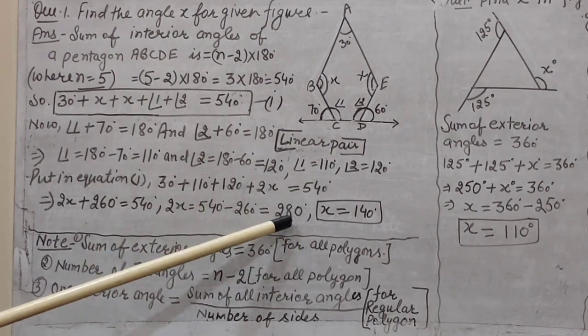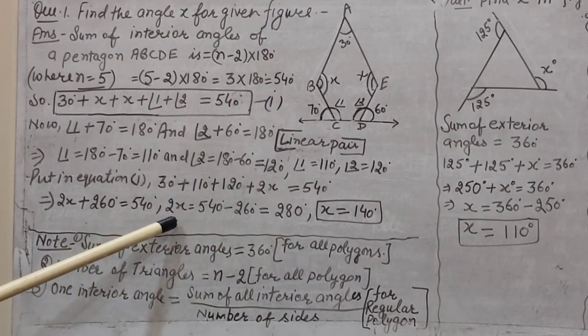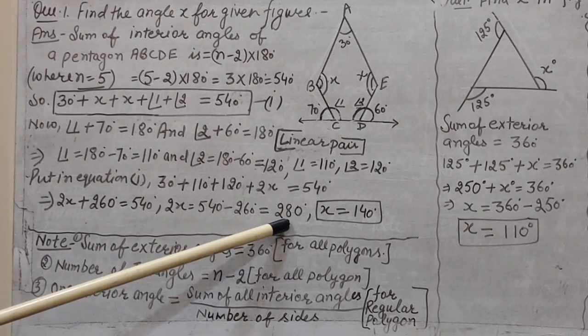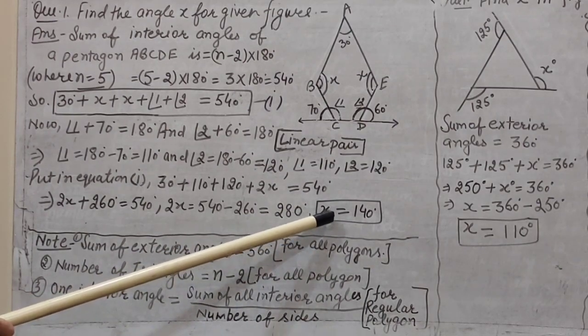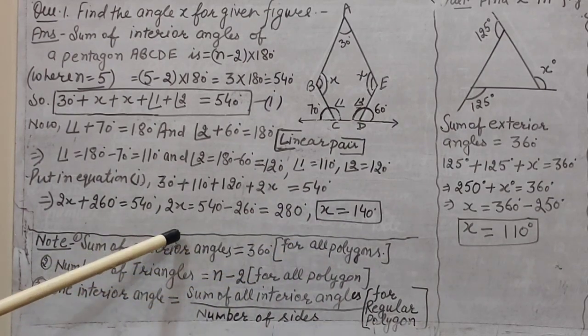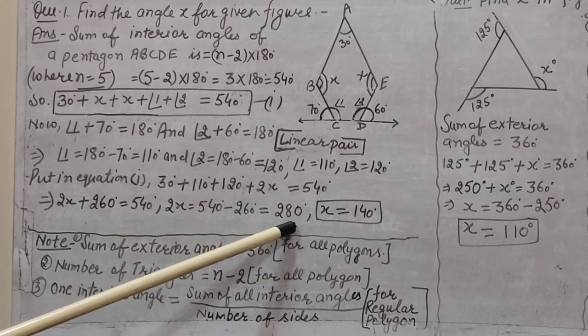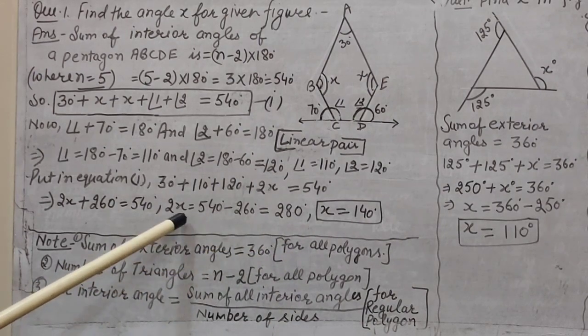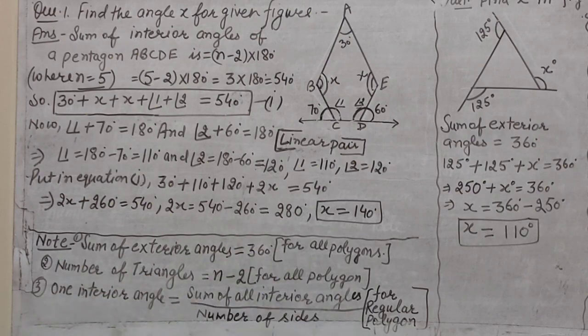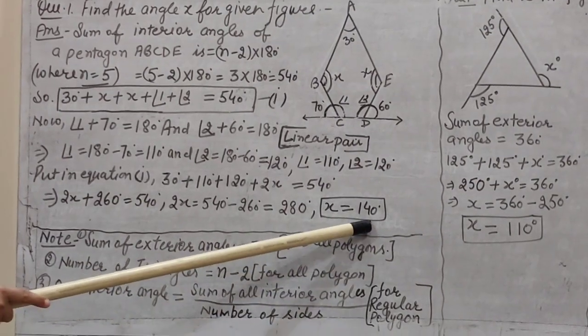So result is 280 degree. So 2x is equal to 280. Then how can we find out x? By dividing both sides by 2. We have to divide left hand side as well as the right hand side by 2 to get x. So x is equal to 140 degree.